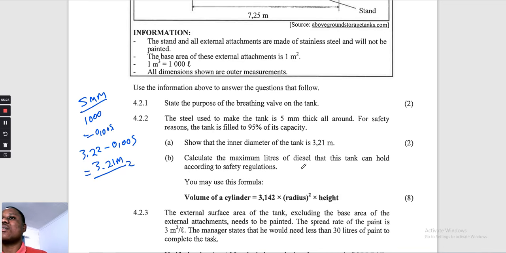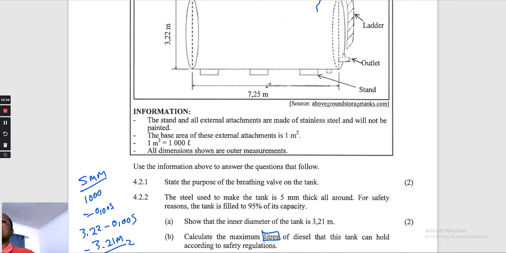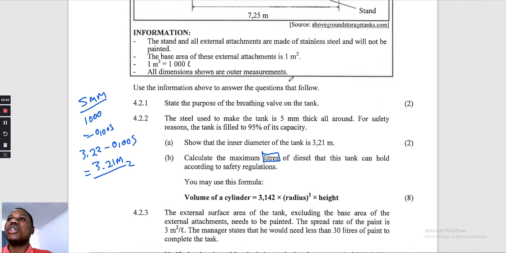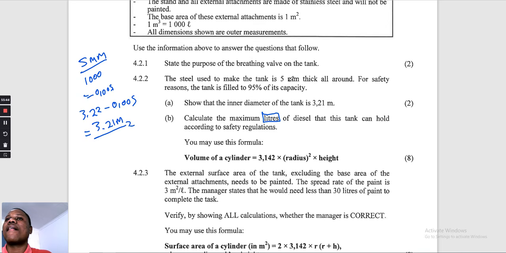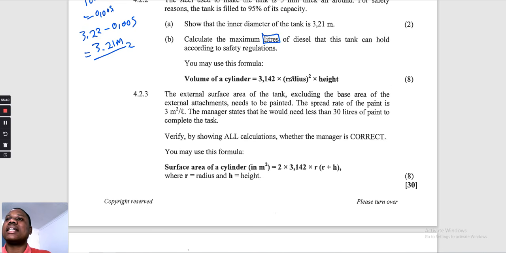Okay, now they say calculate the maximum liters of diesel that this tank can hold according to the safety regulations. So they need the liters. Okay, so what can we do? Because we are given the length or the distance measurement, we are going to continue using the distance measurement to calculate the volume, so that after that we can convert our solid volume into a liquid volume.